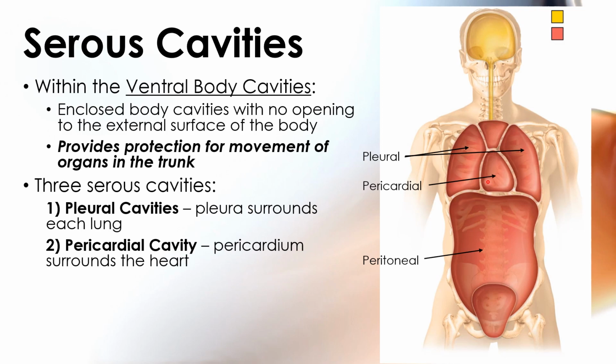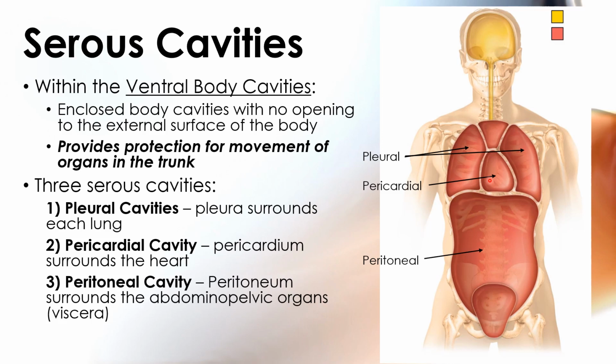Okay. And then last but not least, we have the peritoneal cavity. So the peritoneum is the membrane that lines all the abdominal pelvic organs. Okay. So think of the 3 P's. That's how I remember it, right? So pleural, pericardial, and peritoneal. So these are our serous cavities, which are made up of serous membranes.